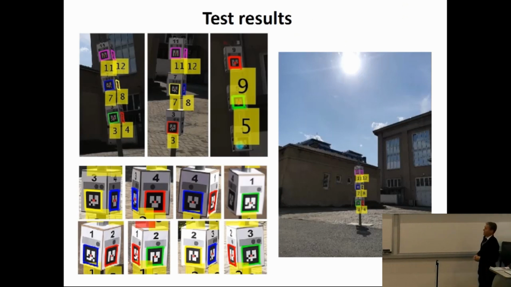Here are some example photos of how my algorithm works. It turned out that it works in various conditions, even when the sun is visible in the image at the same time as the landmarks. It also works when the markers are variously oriented relative to the camera.